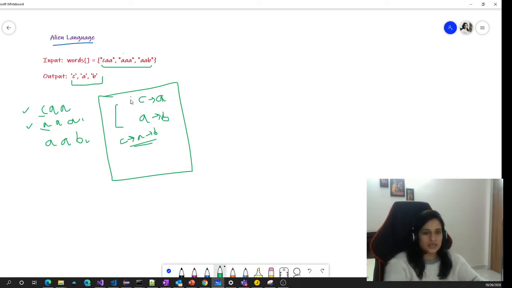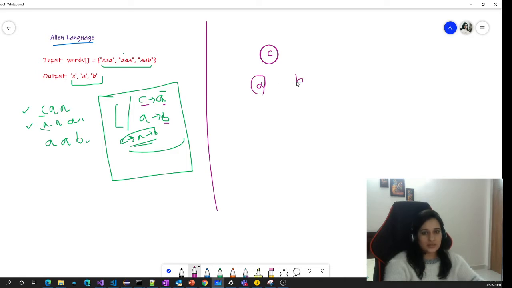Like if you see, C points to A and A points to B, and we figured out the order. So what if we consider each of these characters as a graph node? For example, C is one node, the second node is A, and the third node is B.